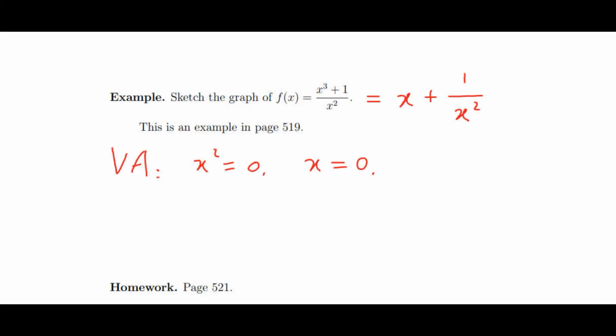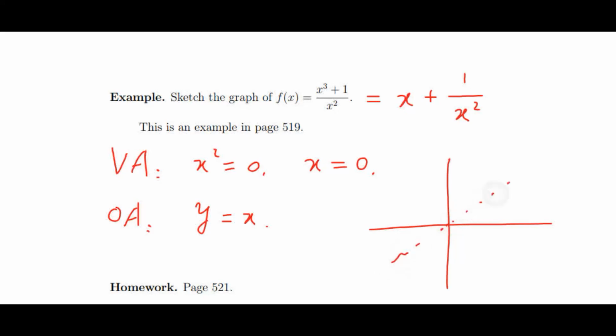So this polynomial part is the other asymptote. So we have those two asymptotes: y = x, this line, and x = 0, the y-axis.